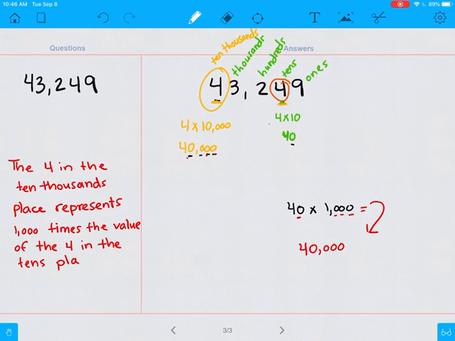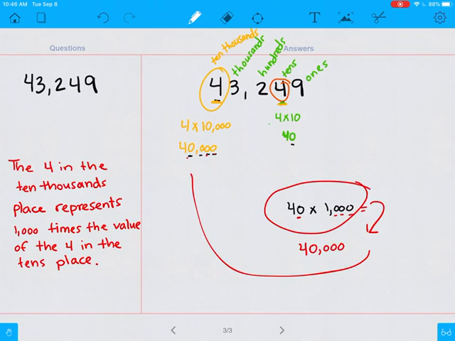Because all we need to do to figure out how much more value, think about what did you have to multiply to get this number. So we had to multiply 40 times 1,000. So 40,000 is 1,000 times the value of 40.